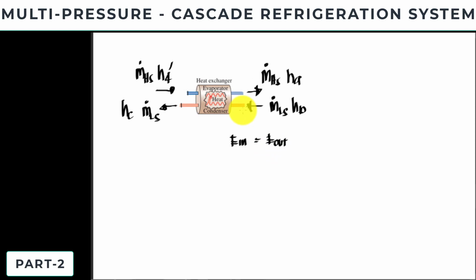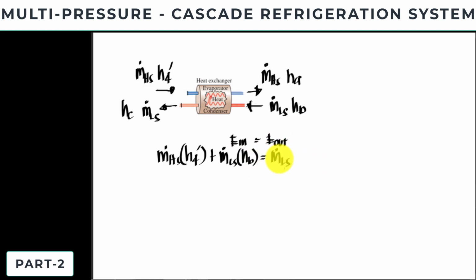So, yung entering dyan, mapapansin natin, this is mass flow rate, yung mass flow rate at the high stage, times my enthalpy 4 prime. No? Then plus entering mass flow rate, which is the low stage, times my enthalpy B, and this is equal to mass flow rate leaving the system.